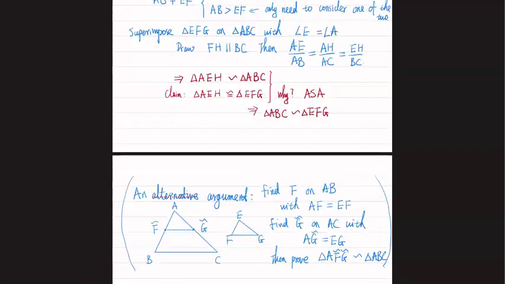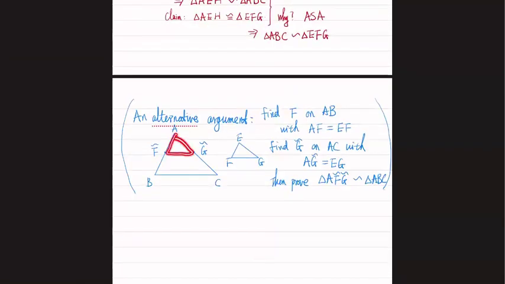Again, we want to prove the two triangles are congruent. This is a result, not an assumption. So I use this to indicate they are related, but we will prove they are congruent. A little bit awkward. Sometimes if you drop this, it should also be fine, but maybe a little bit better.